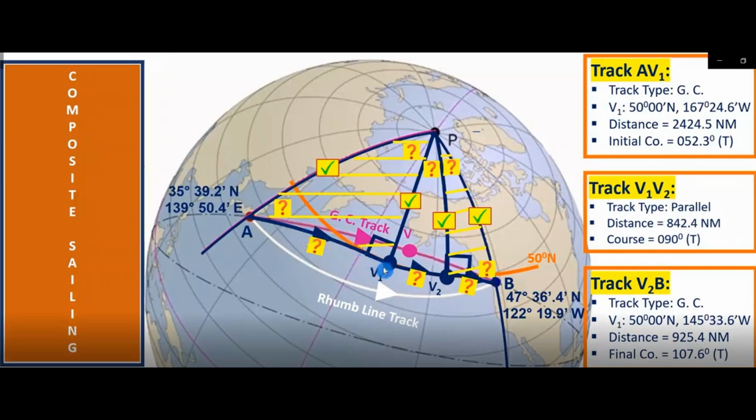First is AV1, then you will find angle A, then you will find this angle P, 3 items, then BV2, angle B, and this angle P, total 6 items, and the 7th would be the V1 V2 distance. So it may take about 20 to 30 minutes. Okay, so take your time, do it comfortably.